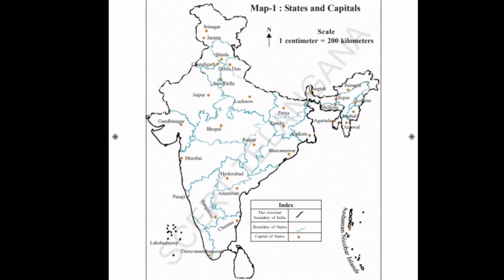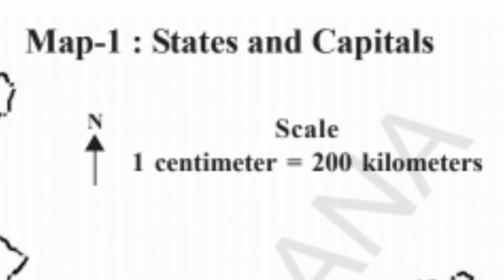And on this map, we can observe the scale, which is given: 1 centimeter is equal to 200 kilometers. That means if you take a scale and measure here, 1 centimeter is equal to 200 kilometers on a map. And even you can observe the arrow mark given, indicating the direction north.